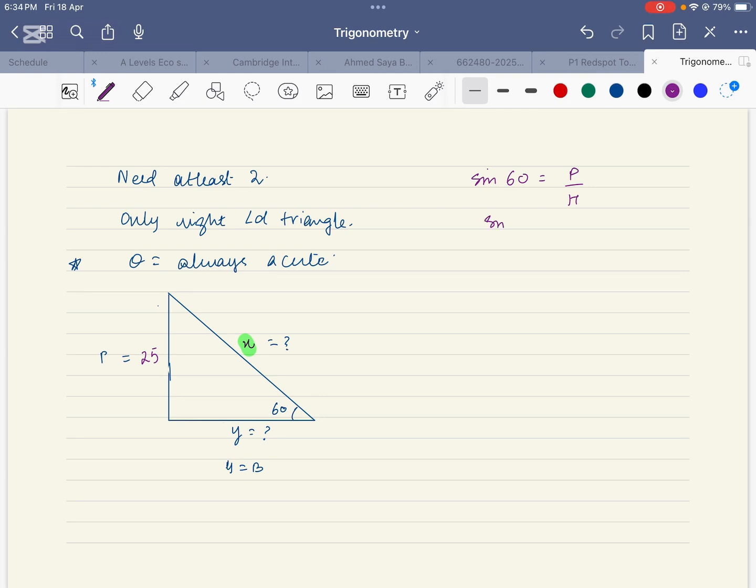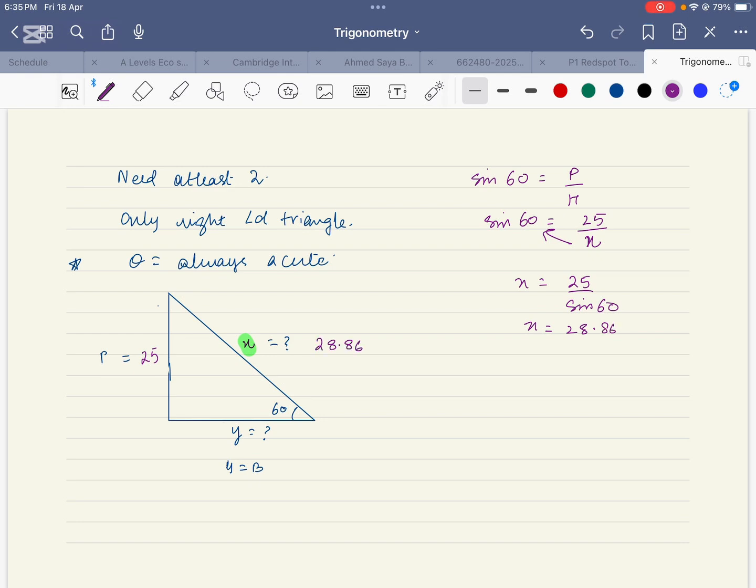Sine 60 is equal to perpendicular upon hypotenuse, which is the unknown x. Cross multiply, x is equal to 25 upon sine 60. Answer is 28.86.